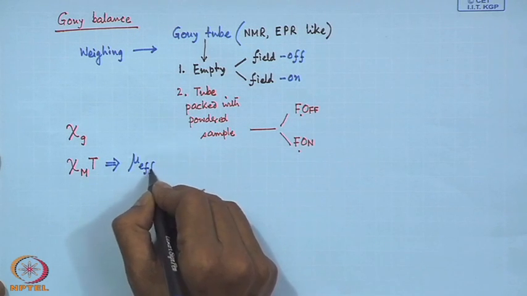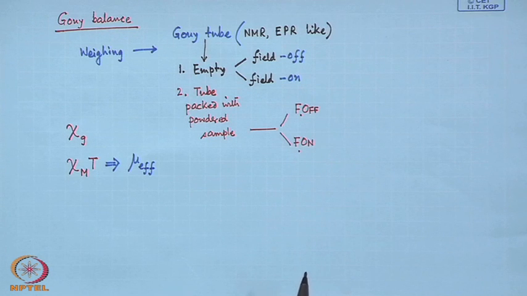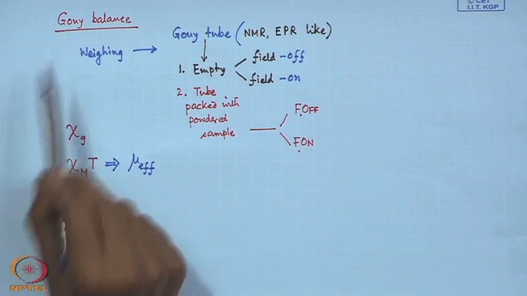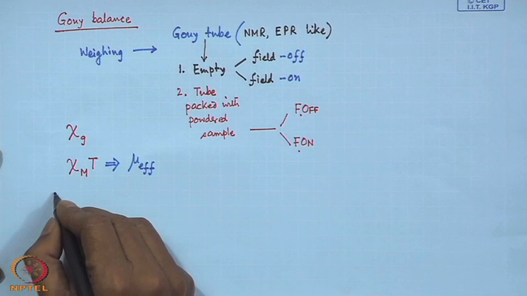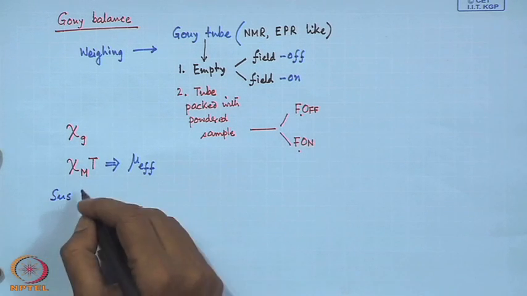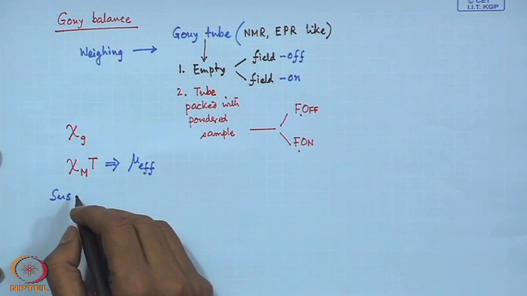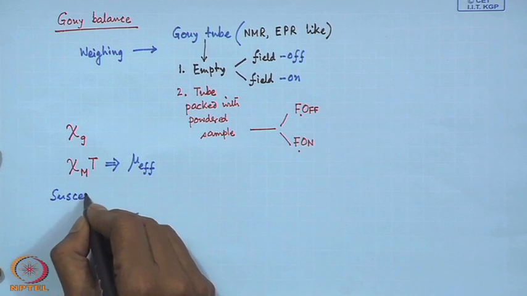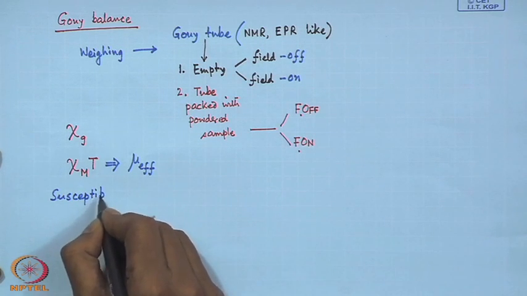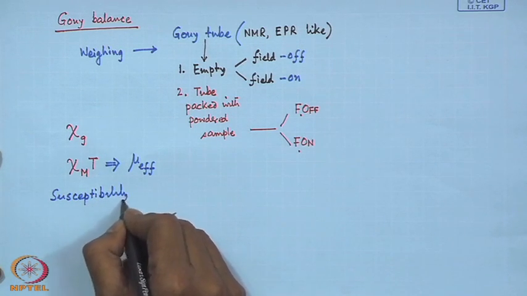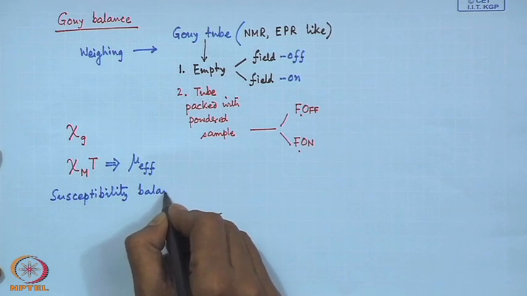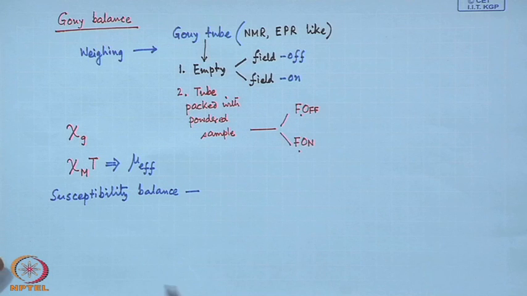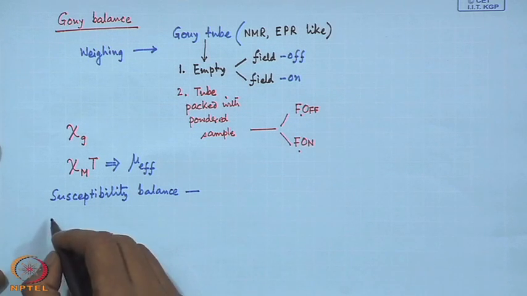So, the effective magnetic moment can be determined. One such technique is the Gouy balance technique. Then we have the susceptibility balance, a little bit more sophisticated compared to the Gouy balance. Those balances are available.